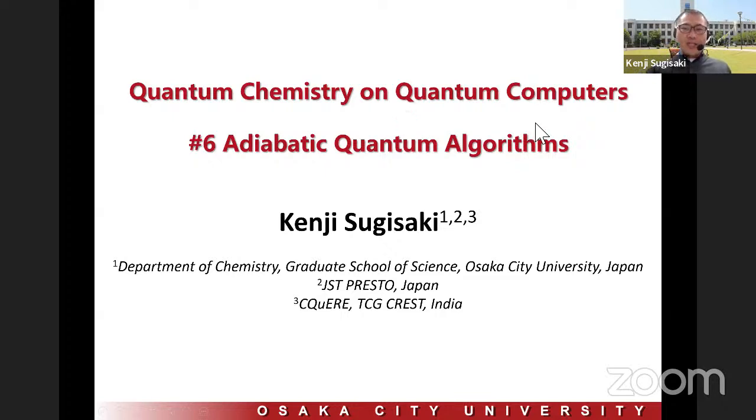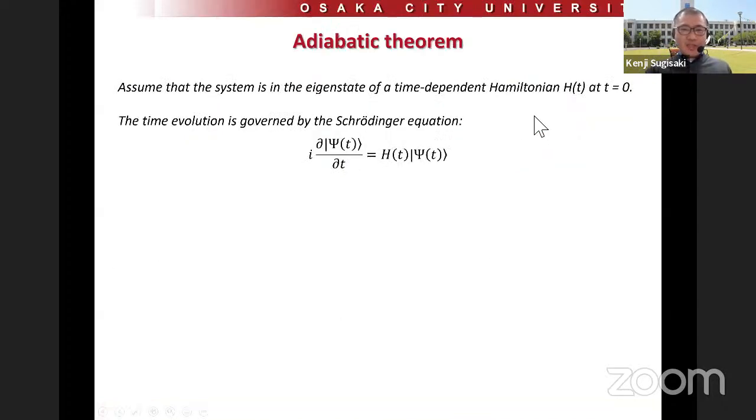So let us start by referring to the adiabatic theorem. Let us assume that we have a system in the eigenstate of the time-dependent Hamiltonian H(t) at t equals 0. So we have some eigenstate of the initial Hamiltonian.